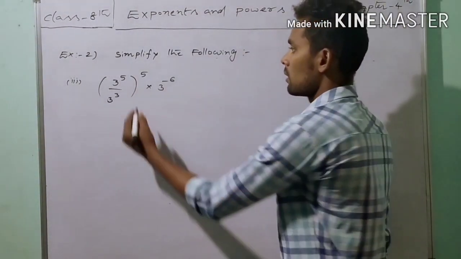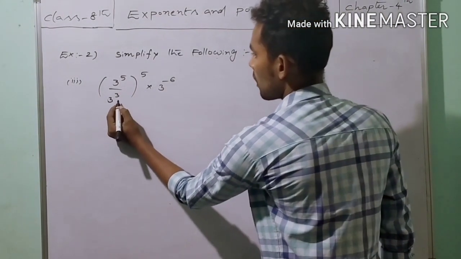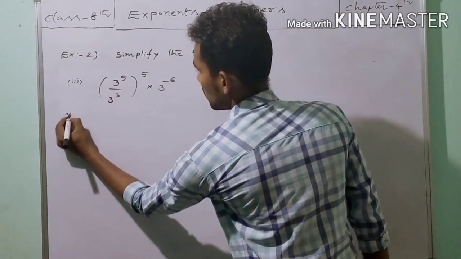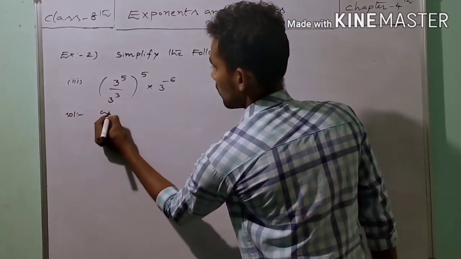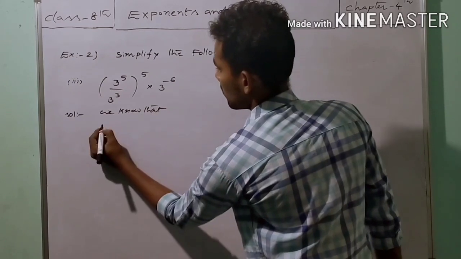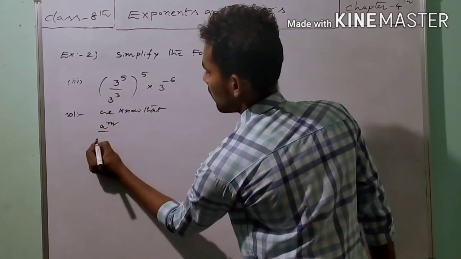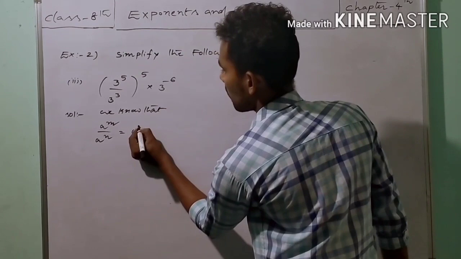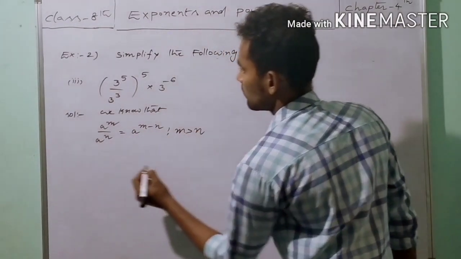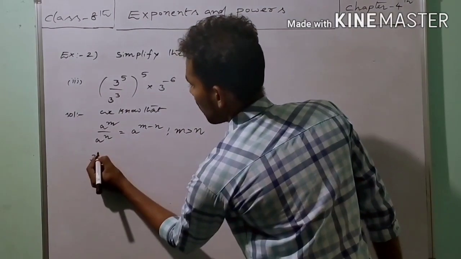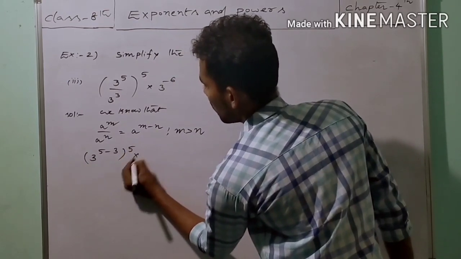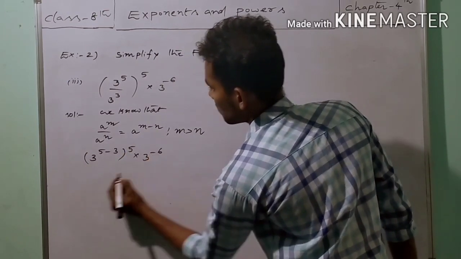Third question: 3 power of 5 by 3 cube whole power of 5 into 3 power of minus 6. Solution: we know that a power of m by a power of n equals a power of m minus n, where m is greater than n. 3 power of 5 minus 3 whole power of 5 into 3 power of minus 6.